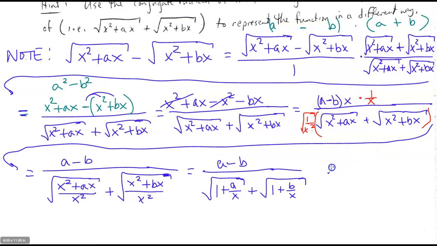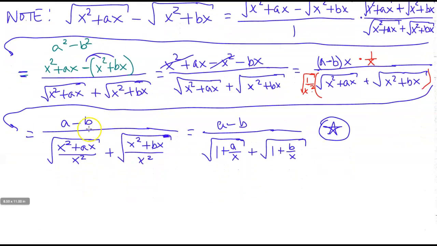And so now this is the form of that function that I originally had that I need to have it in so that I can effectively evaluate the limit of this particular function that I was given.